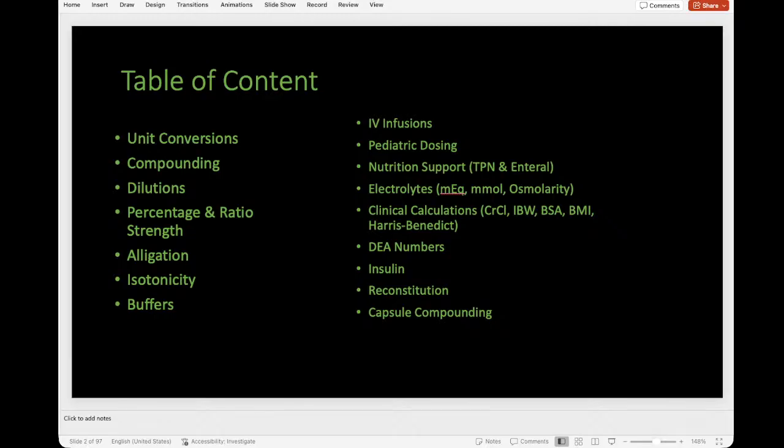We'll also be going over some IV infusions, TPN related, which involves total parenteral nutrition, which is in the third bullet point on the right. Pediatric dosing, there might be some questions on that. I probably didn't include that many questions on it because this is mainly making those kinds of conversions.